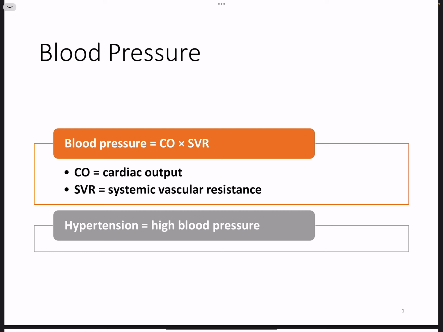So HTN is hypertension, and low blood pressure is hypotension. Okay? But if the blood pressure is normal, then what we will say? Because normally this term is used, you will find patients in your clinic. They will tell you, this is layman terminology, that doctor, I have blood pressure.